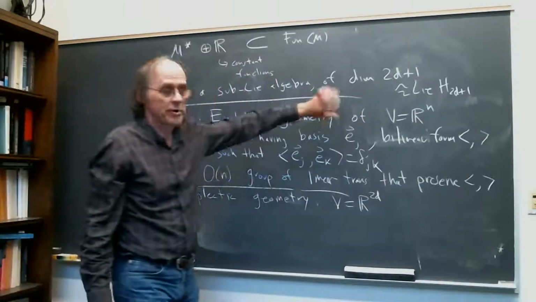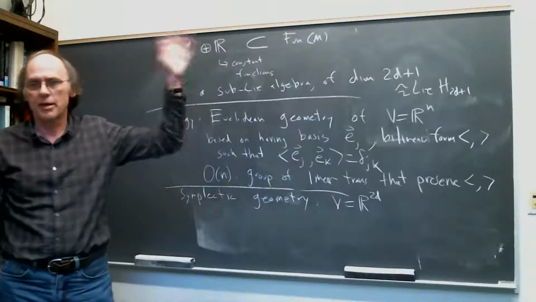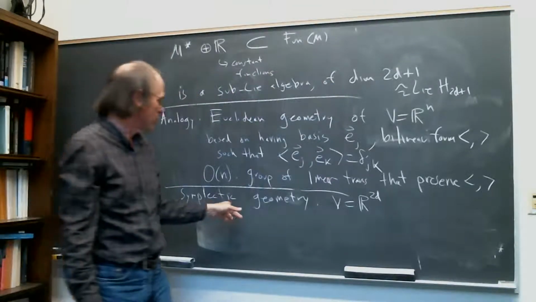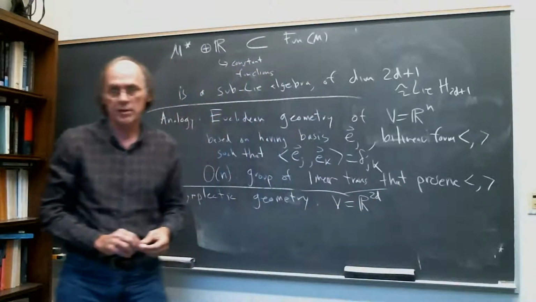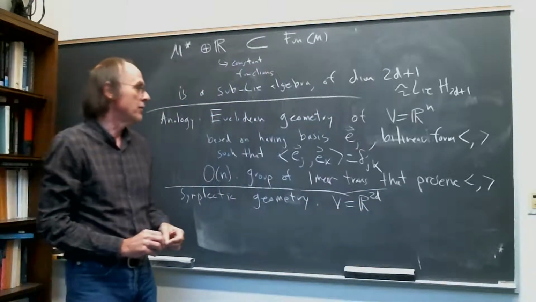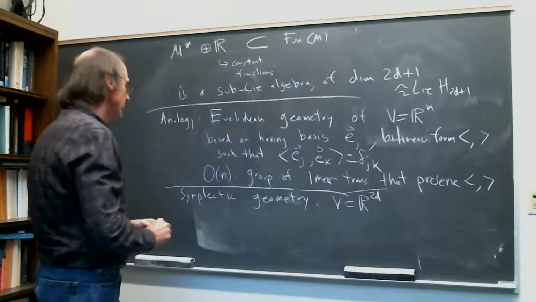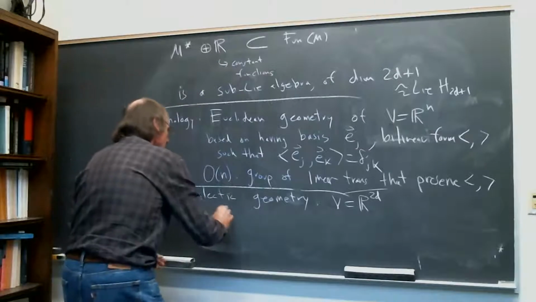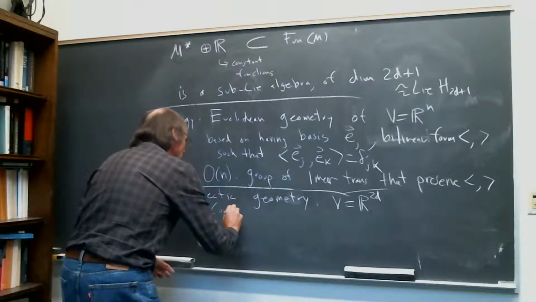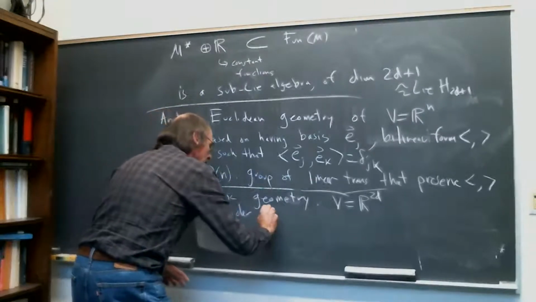Euclidean geometry works in any dimension, odd or even, but for symplectic geometry you really need your vector space to be even dimensional. And then you consider what I called omega.